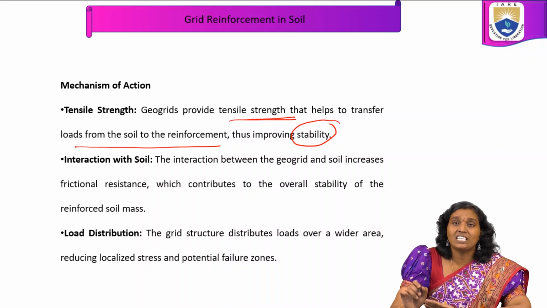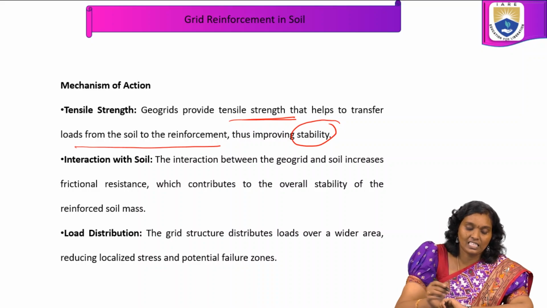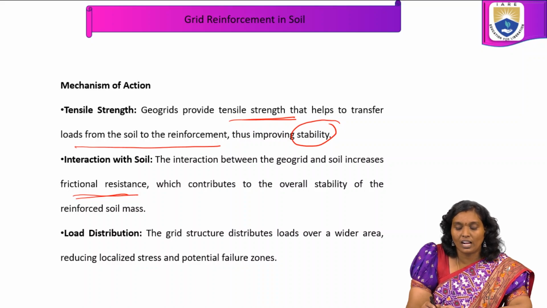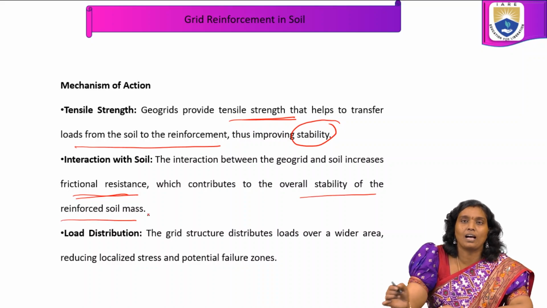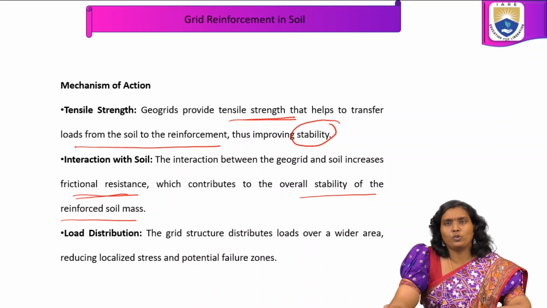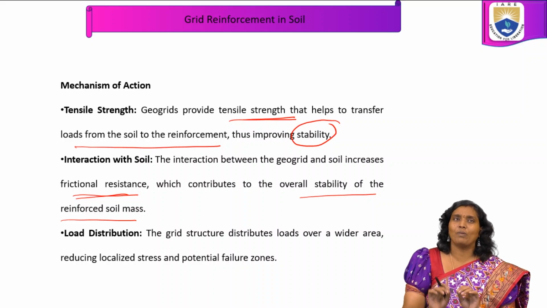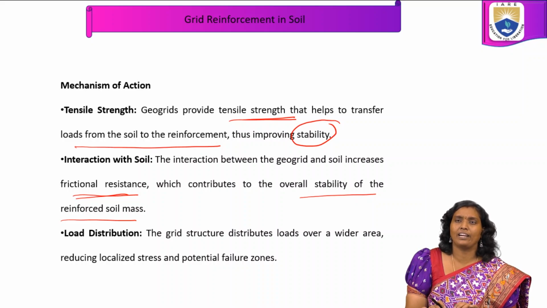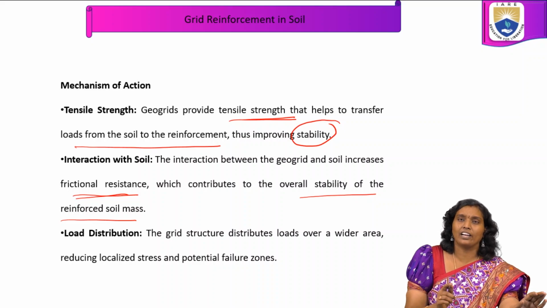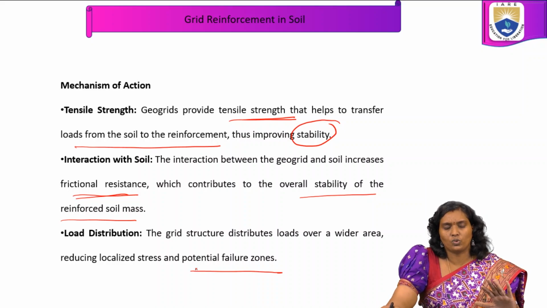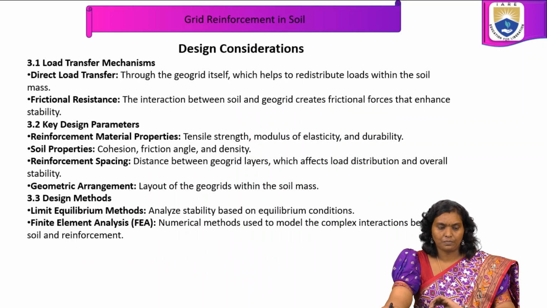In interaction with soil, the interaction between the geogrid and soil increases the frictional resistance, which contributes to the overall stability of the reinforced soil mass. In load distribution, the grid structure distributes the load over a wider area, which reduces localized stresses and potential failure zones. These are the mechanisms of action for grid reinforcement in soil.